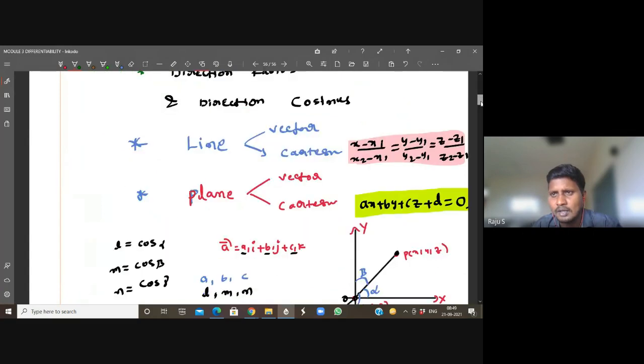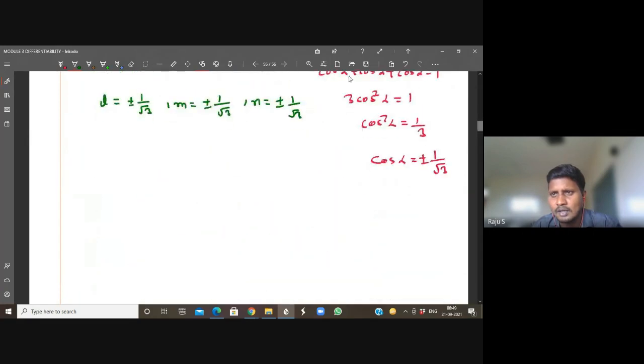So the direction cosines are given by l equal to cos alpha as well as l equal to cos of 180 minus alpha. We are going to get two direction cosines: one in the positive direction, one in the opposite direction.